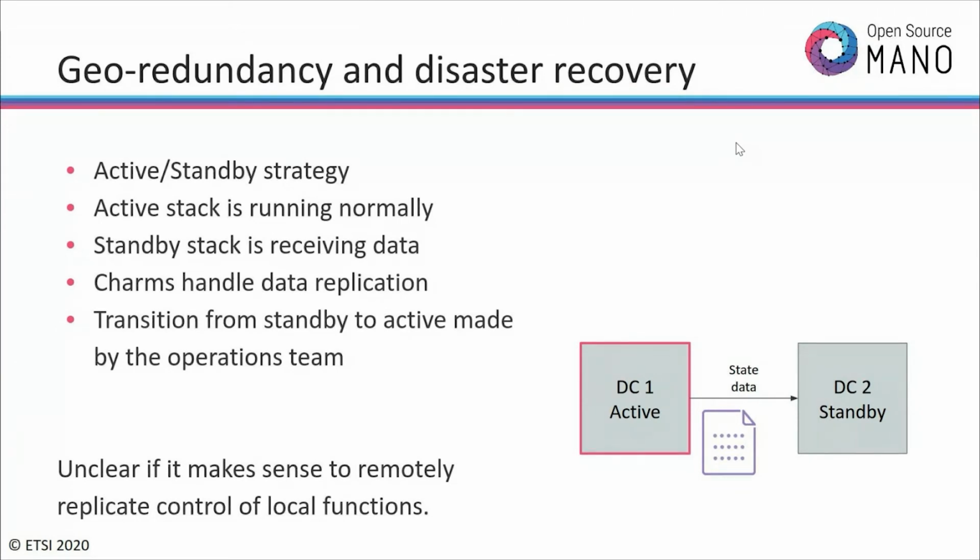I would really like to hear from any other MDL, or I don't know if we have any TSC members in the call, but I think this is quite an interesting topic to discuss, because to us it would make sense, if we replicate OSM from one data center to another, to also replicate the network functions, because the network functions are running in the same data center.